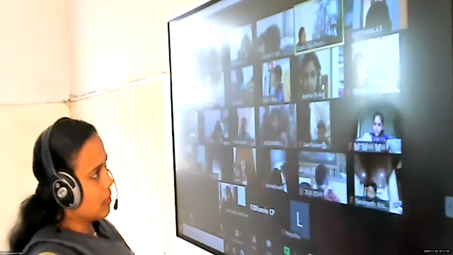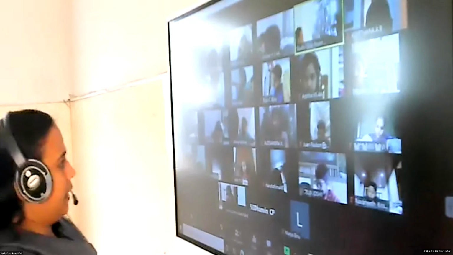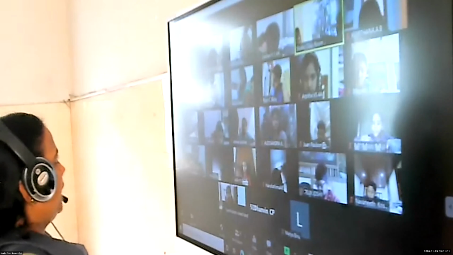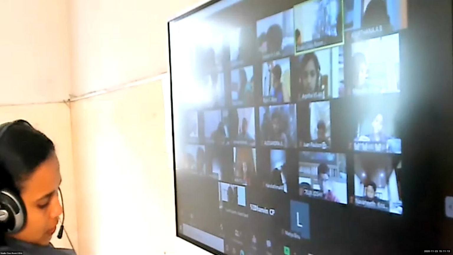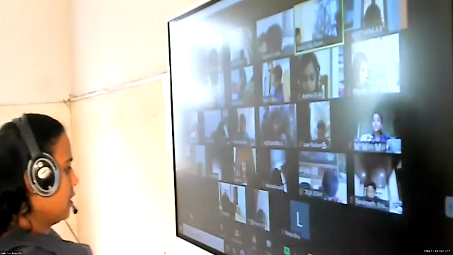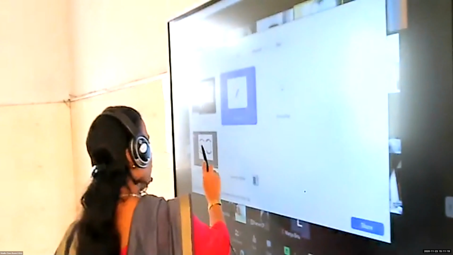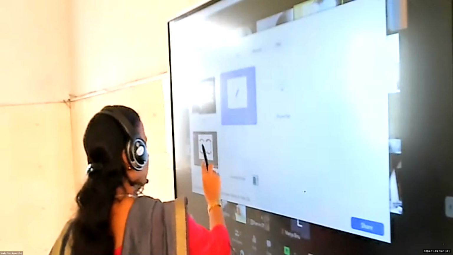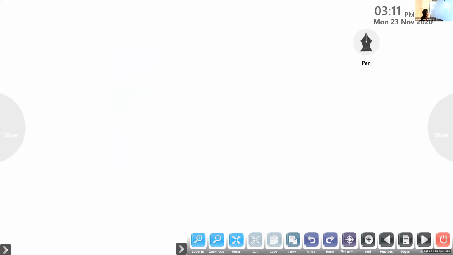Okay? So children, find out A. What do you have to write first? Shaded part. Fraction for shaded, fraction for unshaded. So question number 15A. What is the first picture?